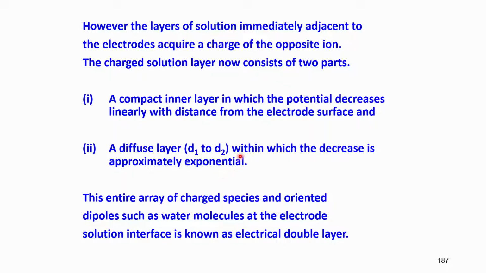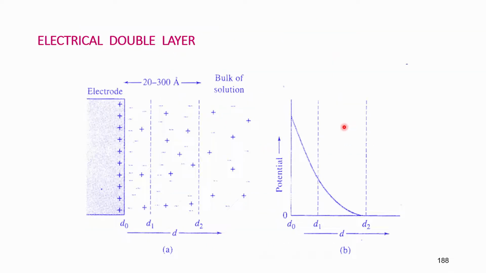What it means is a liquid junction has two layers. In one the voltage decreases linearly, in another layer it decreases exponentially. So, that is an electrical double layer for you. This is the best I can explain this whole concept. Not many people, especially at student level, understand these concepts very clearly.